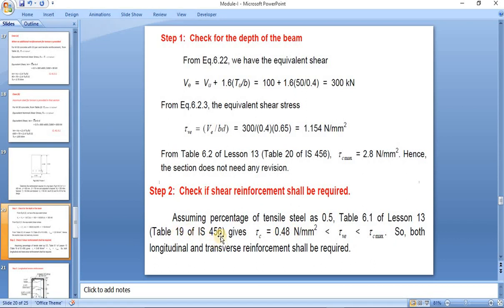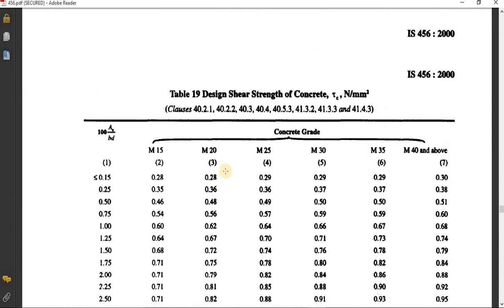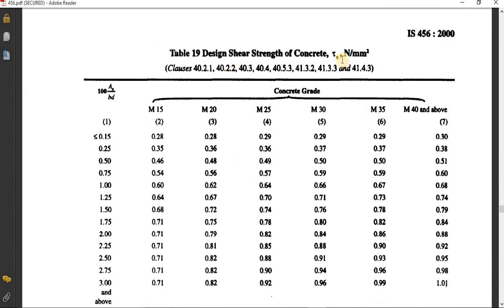From table number 19 I can calculate tau C. Table number 19 gives the calculation of tau C. It is a relation between 100 AS divided by BD and the grade of the concrete. The grade here is M20, and we need to calculate 100 AS divided by BD.